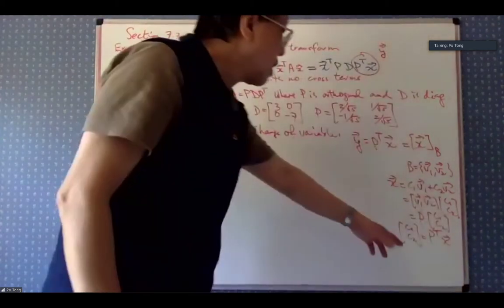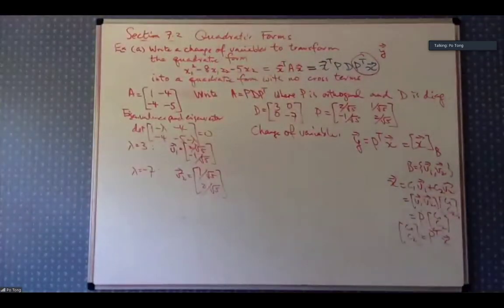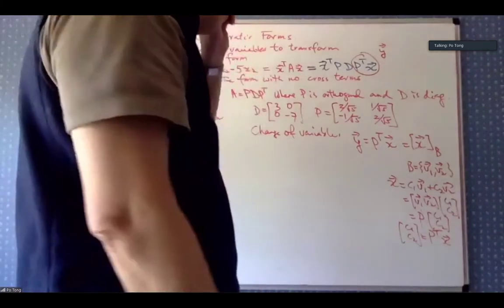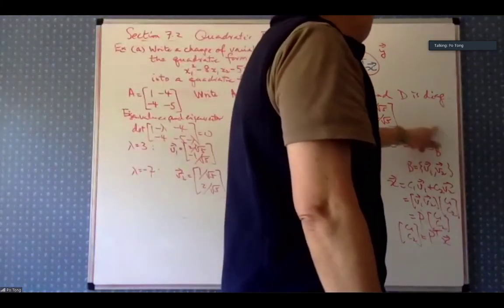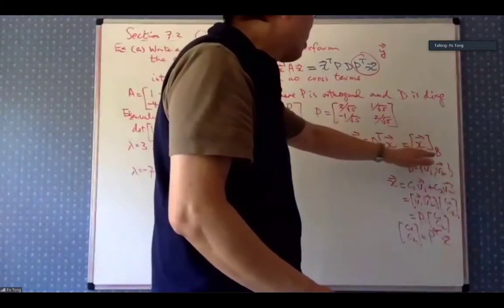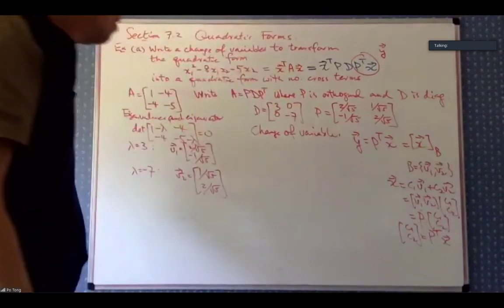So P transpose x gives you those coefficients. My y are just the coefficients in the change of coordinate system. It's up to you whether you want to think about it this way: change of variable, same as change of coordinate.